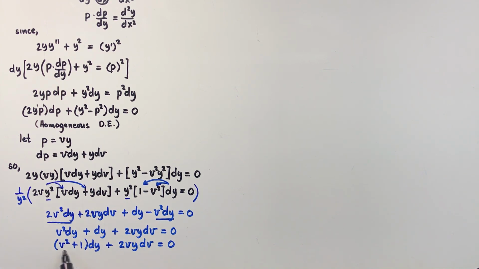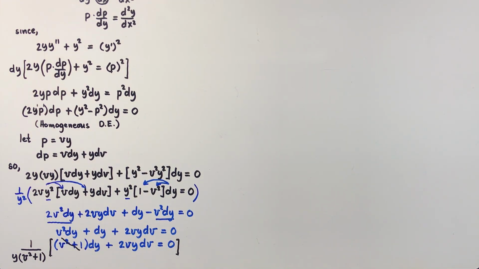So to move this v squared plus 1 as the denominator of this second term, we need to multiply both sides of the equation by 1 over v squared plus 1. So multiplying each term of the equation by this 1 over v squared plus 1, we want also to eliminate this y here. So this v squared plus 1 with this one cancels.